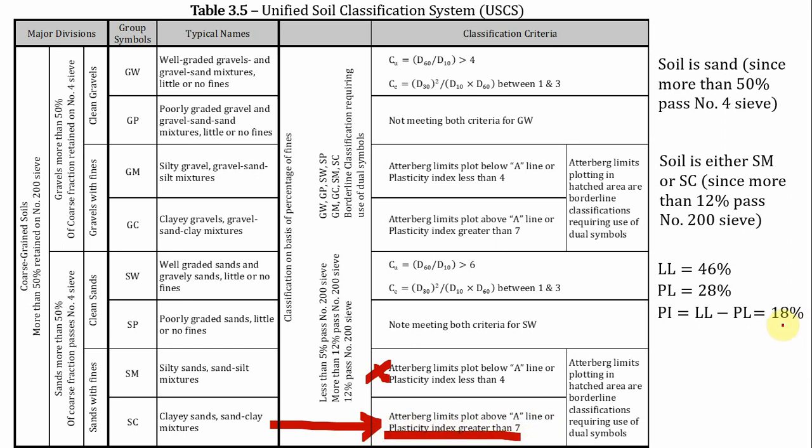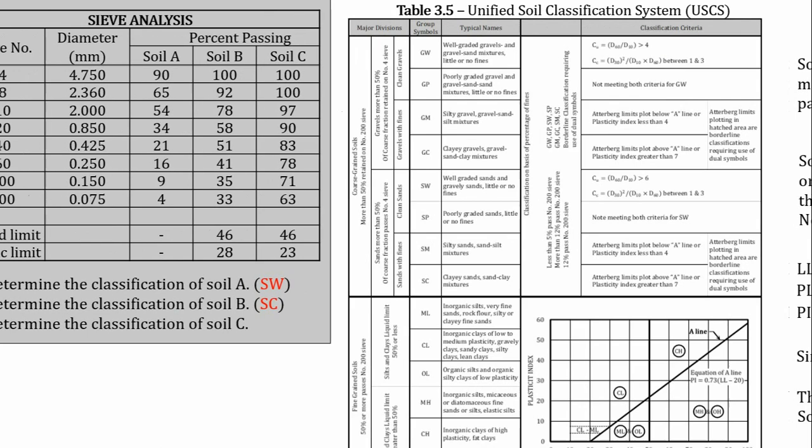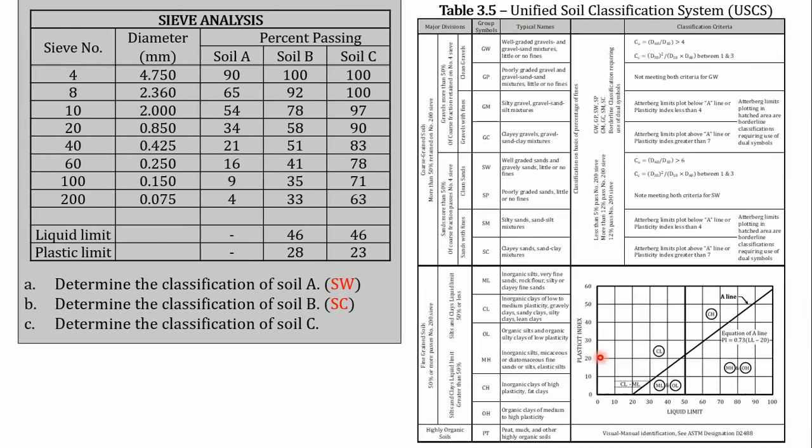Since 18% naman yan, class, and this is greater than 7, therefore since our PI is greater than 7%, soil B is SC. Kasi na-meet yung criteria ng SC. And that is our final answer. Soil B is SC. Gets nyo? So therefore, soil B natin is SC.